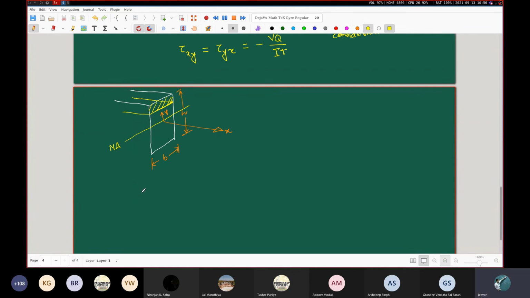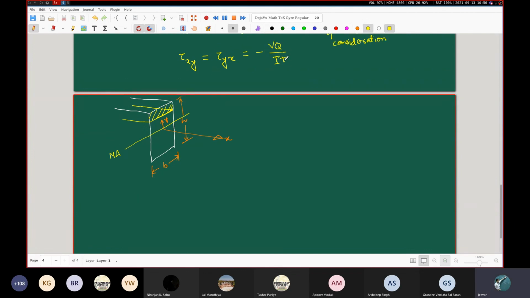How do you find it? In this formula, your V is known, your t is given. What is the value of t for this simple rectangular cross section? It is simply b. So for this problem, it is the easiest thing to identify that in our formula, t is equal to b. What is our I?